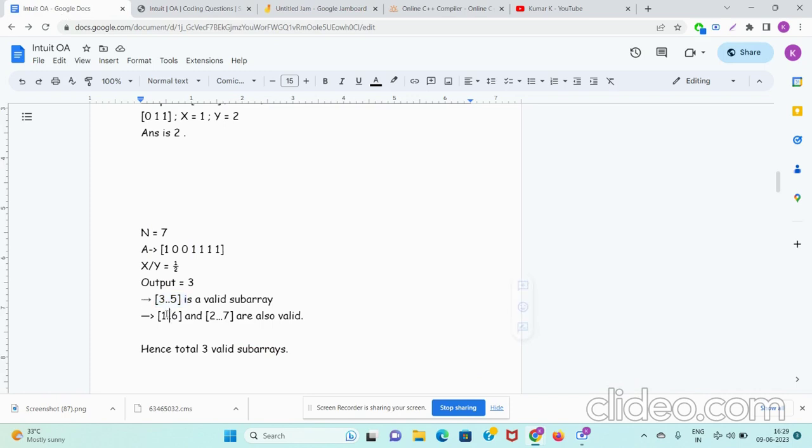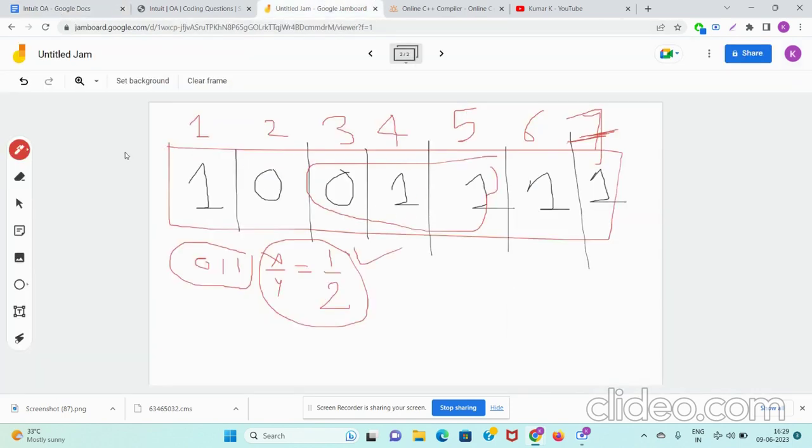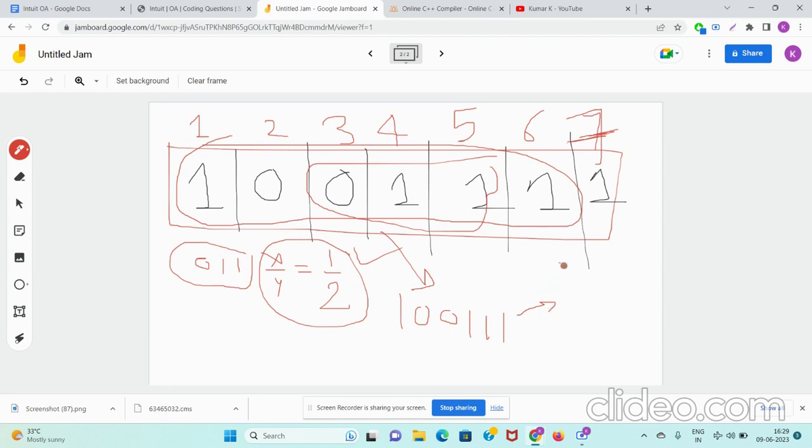Now, which is the another valid subarray? 1 to 6 and 2 to 7. So, 1 to 6 is this subarray. This is a valid subarray. So, let's write it out. 1, 2 times 0, then 1, 1, 1. In this case, guys, what will be the value of x by y?